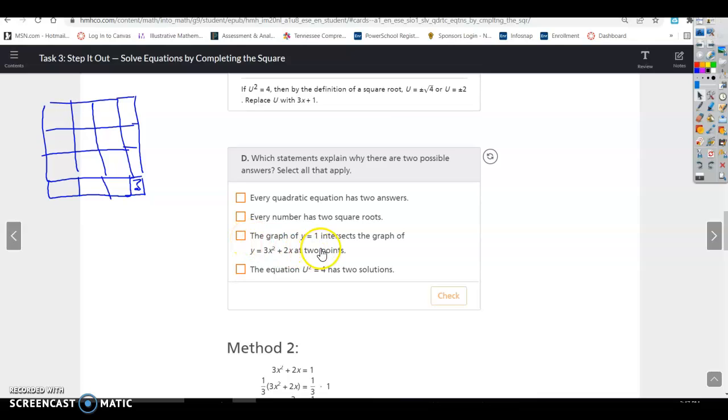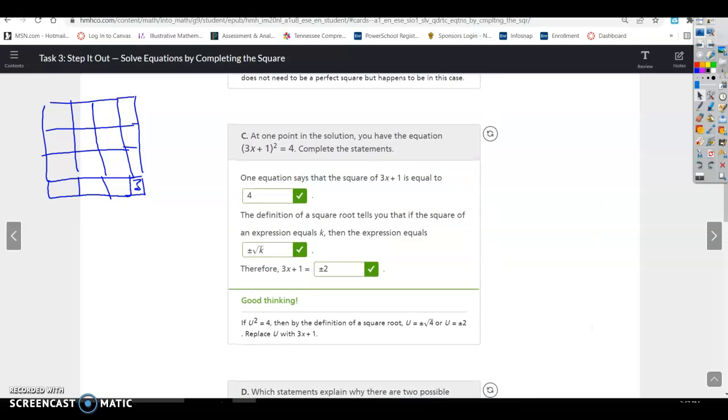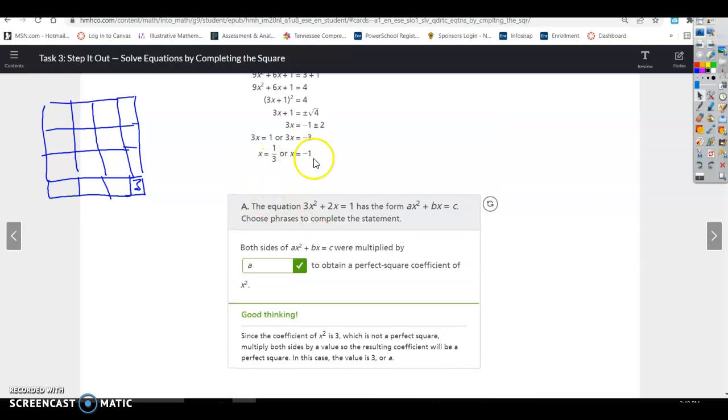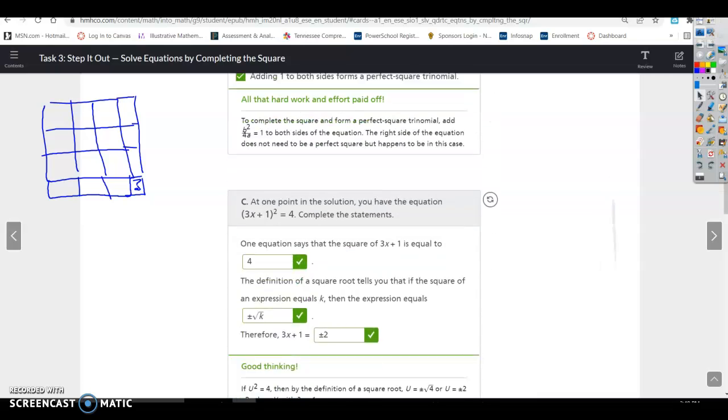The graph of y equals 1 intersects the graph of y equals 3x squared plus 2x at 2 points. All right, so what they're saying is if you take this quadratic equation and graph it, it'll intersect at 2 points, and that is true. And the 2 points where it would intersect would be 1/3 and -1.